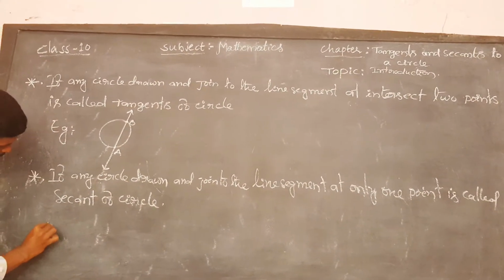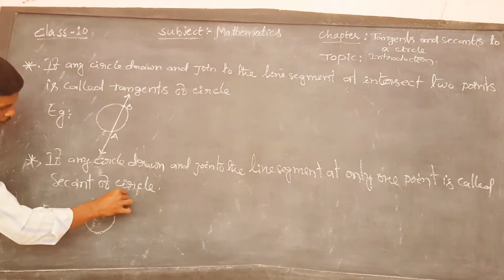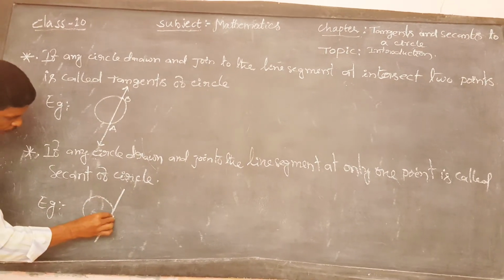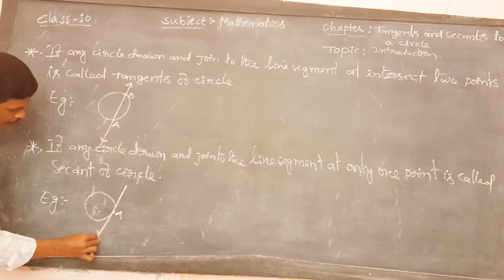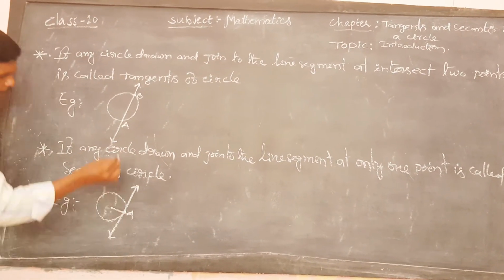Example: if any circle is drawn and joined to a line segment at only 1 point, this one is the line segment, this one is the circle. Okay, understand?